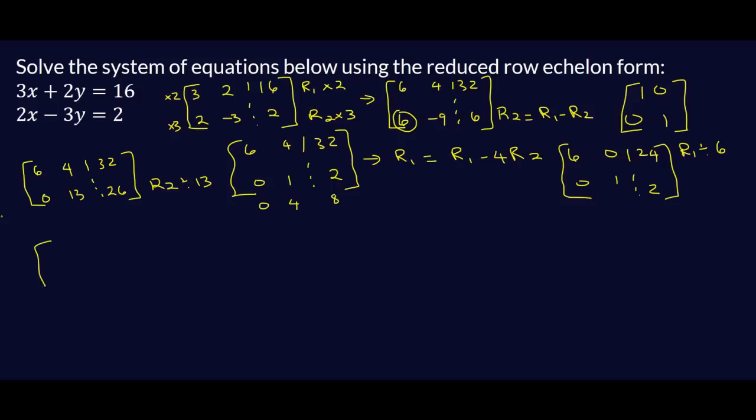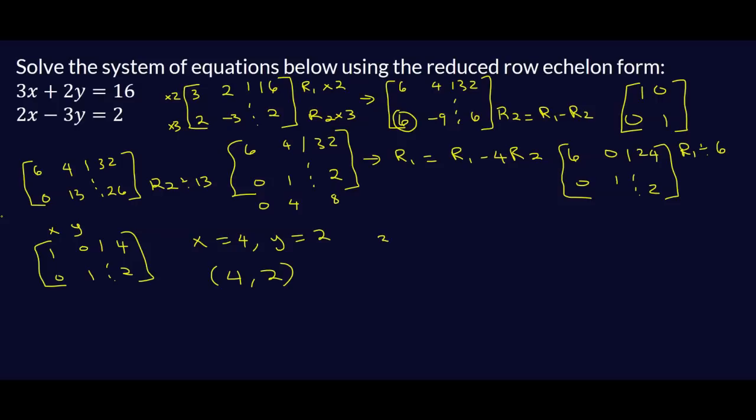So that is going to give us 1, 0, and then we have 4, 0, 1, 2. And remember, this is our x coordinate, this is our y coordinate. So we simply have x equal to 4, y equal to 2. So we have 4, 2 as the point of intersection. And let's verify our answers.